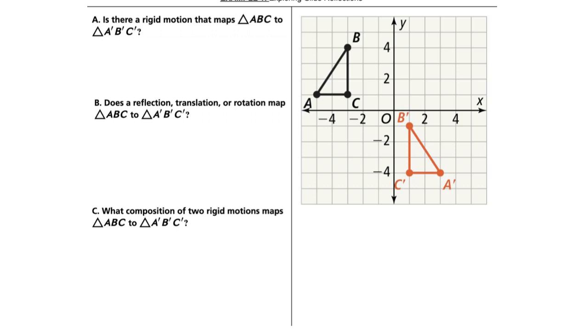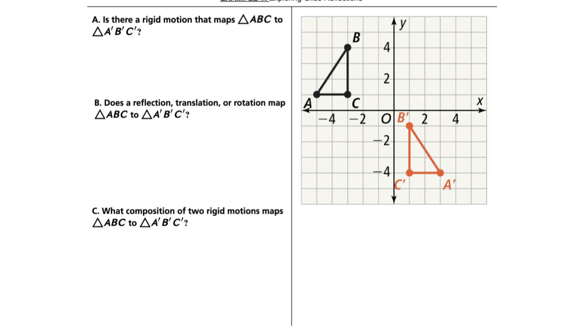All right, so what we're going to do is first explore glide reflections. Okay, so A says, is there a rigid motion that maps ABC to A prime, B prime, C prime? So essentially, we just need to make sure it's a rigid motion, right?